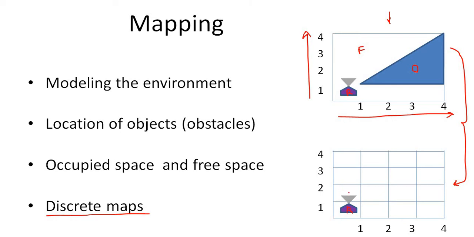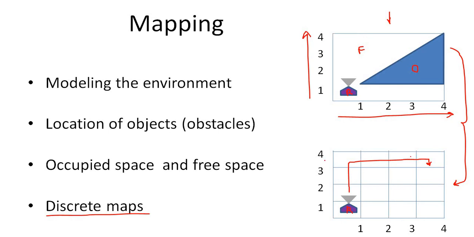So what the robot will do is start moving in this room, and where it finds an obstacle, let's say it turns here and sees there, it will not go there because there is already an obstacle.